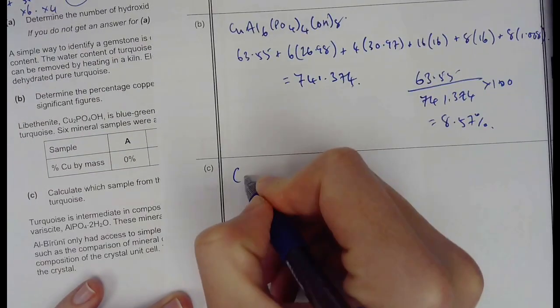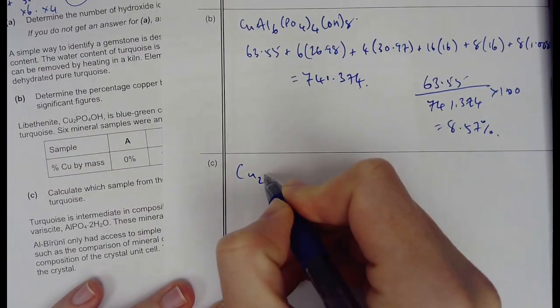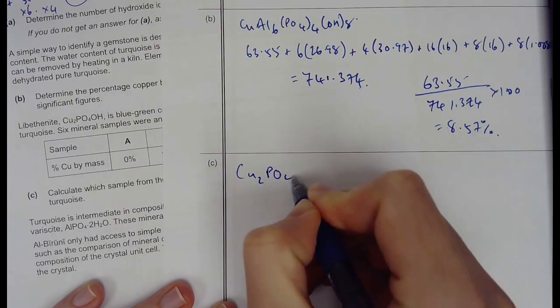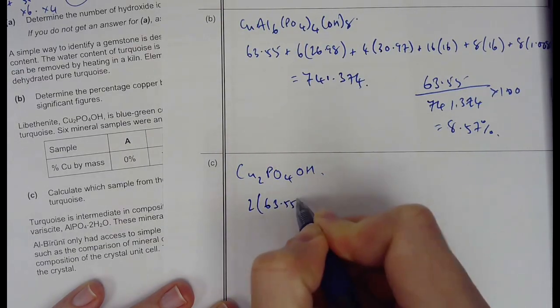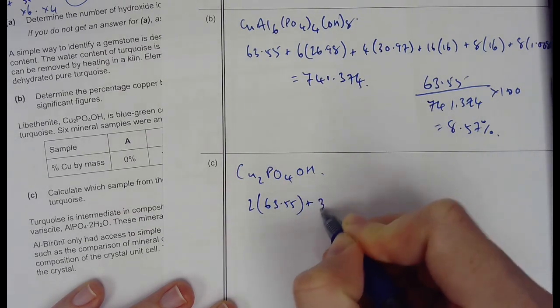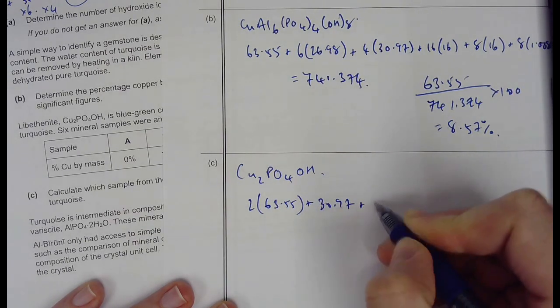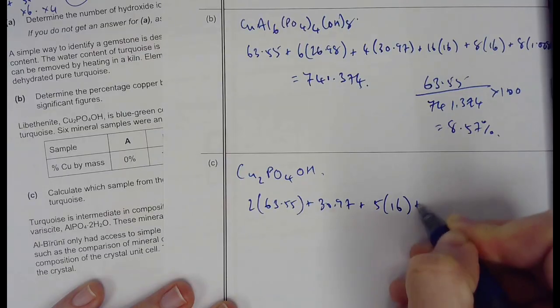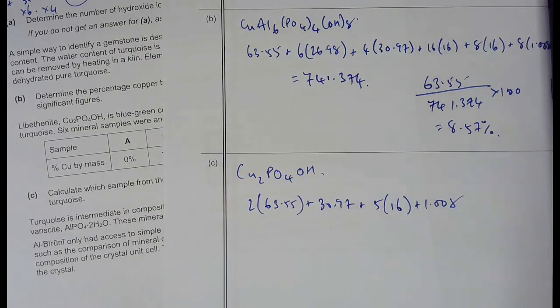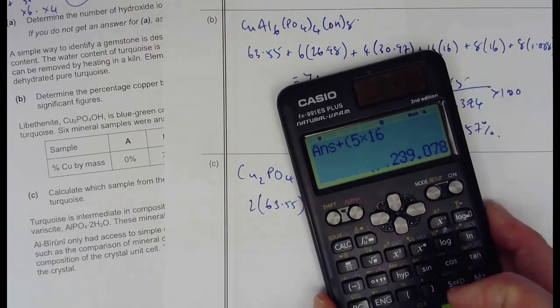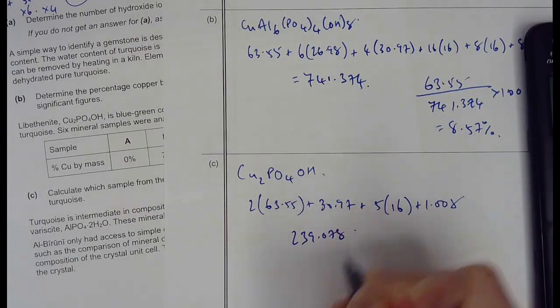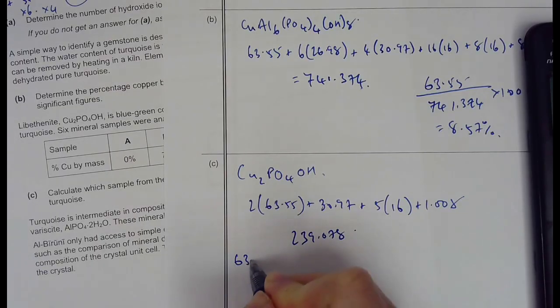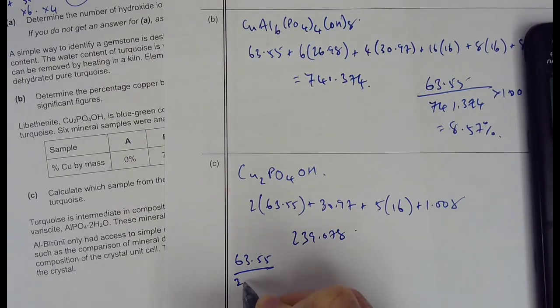So if I've got Cu2(PO4)OH, it's going to be 2 times 63.55 plus 30.97 plus 5 times 16 plus 1.008, which will come to 239.078.